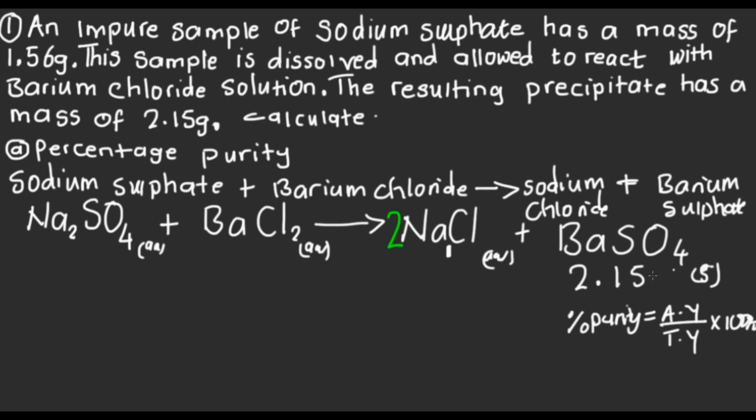Remember, the 1.56 grams is from impure. So we are going to use 2.15 grams for barium sulfate because this is pure. So we can use this mass to find the mass of sodium sulfate that was pure. So we are going to use the mass to mass relationship. So let's do this.